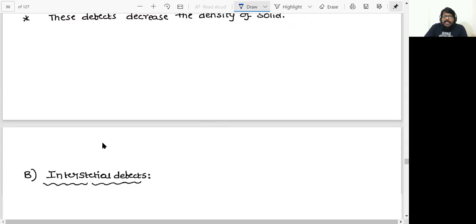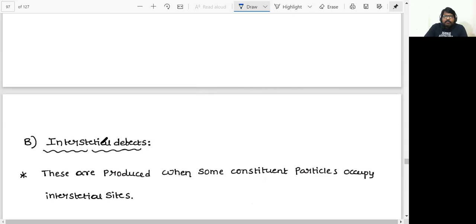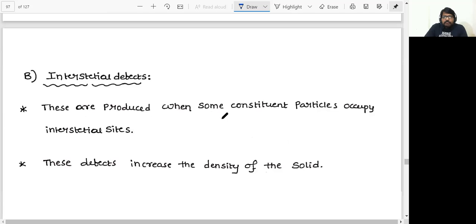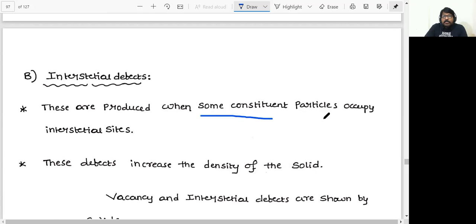And another one is interstitial defects, exactly opposite to vacancy defects. These are produced when some additional constituent particles occupy the interstitial sites. Some additional particles are coming into the solid. In vacancy defects, some constituent particles are leaving the lattice, but here some additional particles are coming into the lattice.